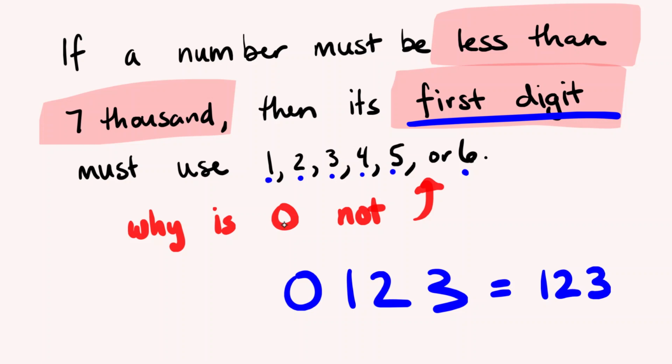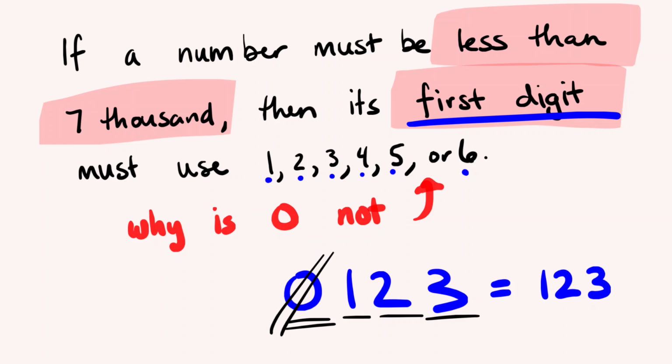The reason we don't allow 0 in the options here to construct our 4-digit number less than 7,000 is because if you have a 0 in the first place, it's actually not a 4-digit number or whatever digit you're trying to create. If there's a 0 in the first place, it actually makes the number that you're representing 1 less than you intended. So 0 is not in this list, not because we wanted to have a number less than 7,000, but because we wanted to ensure the exact amount of digits mentioned in the problem.